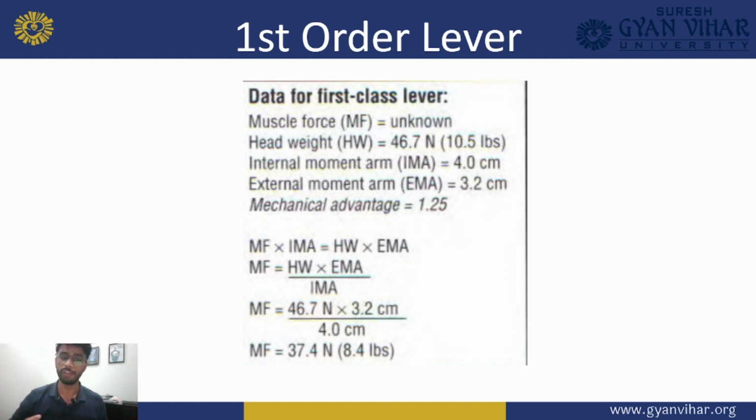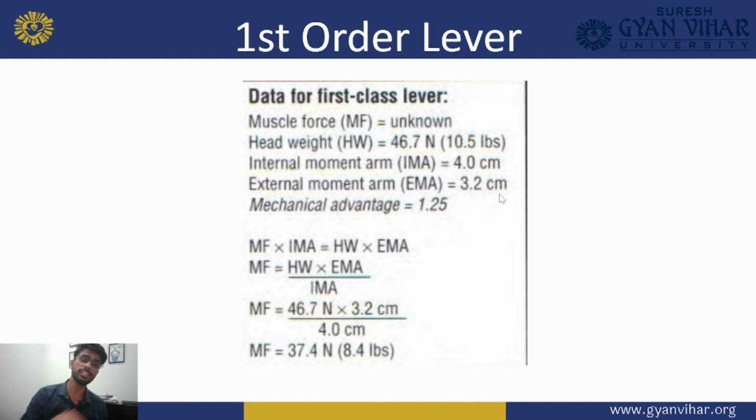So we have to find out the muscle force. What is the amount of muscle force? We know the weight of the head, it is 10.5 lbs in this example. And the internal moment arm, that we also know. We know the distance from the muscle's insertion, where the muscle acts, to the fixed point, it is 4 cm. And the external moment arm we also know is 3.2 cm.